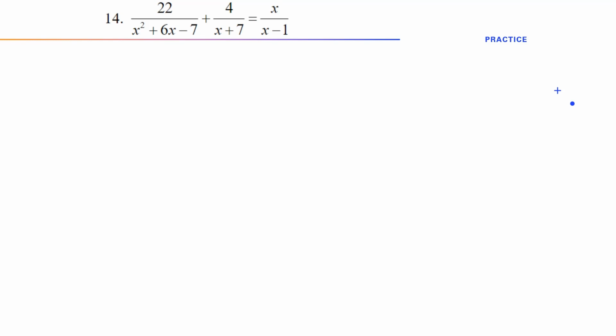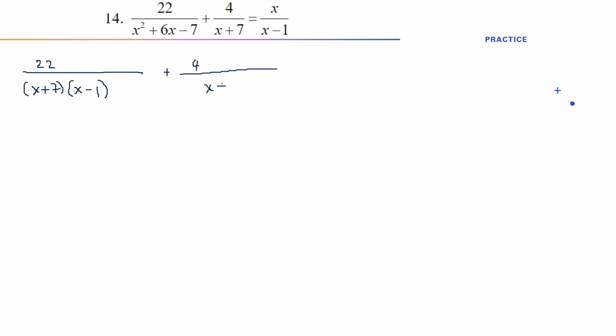Okay, for this question, similarly, we'll rewrite that and make a factor at the denominator. So x plus 7, x minus 1, plus 4.